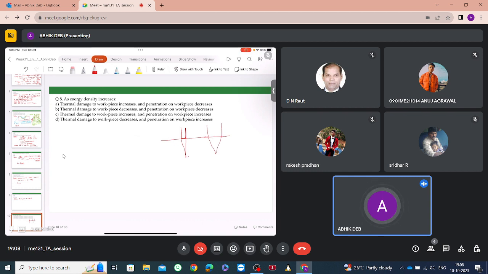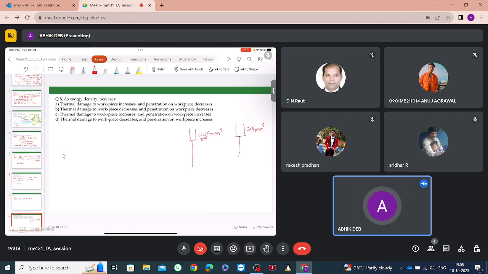What I am trying to say is, let me reframe it. Suppose this is the energy density of 10 joule per millimeter cube. With this amount of energy, the melting to the depth will be more, or suppose this is the energy density of 5 joule per millimeter cube. In this case, the penetration will be more.